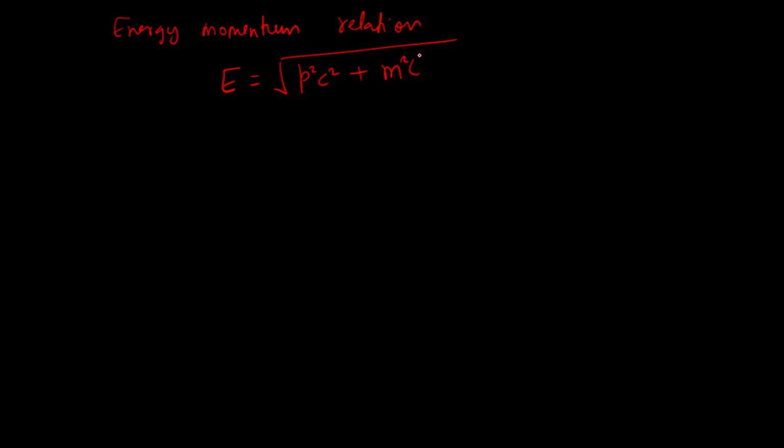Now the energy-momentum relation, we know that, and we can also derive it from special relativity: E = √(p²c² + m²c⁴). This p² can be written, from the earlier slide, as ħ²∇²c² plus m²c⁴.